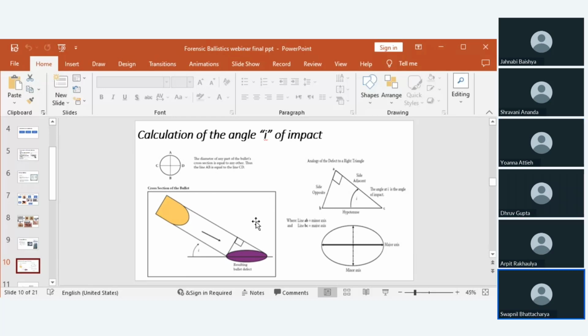Is it sin I equals length of the blood stain over width of the blood stain? Sorry, I'm not able to hear you. Is it like sin I equals minor axis by major axis?